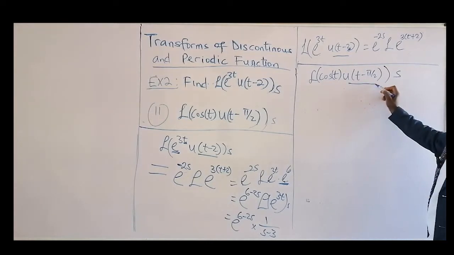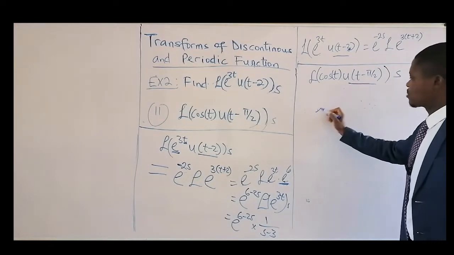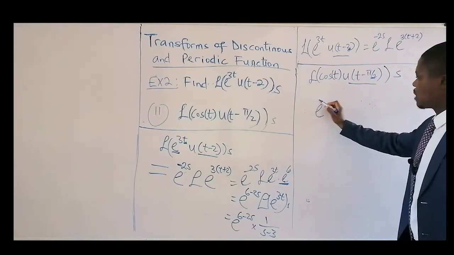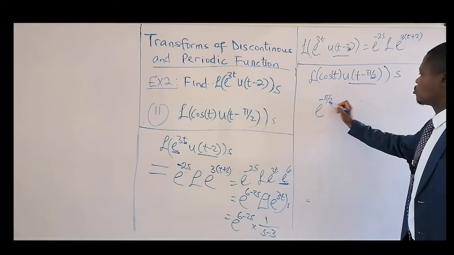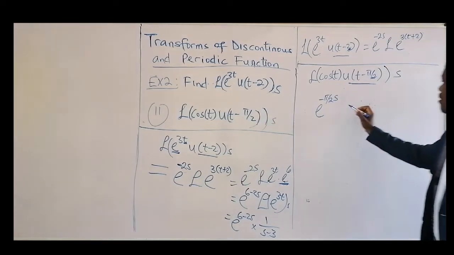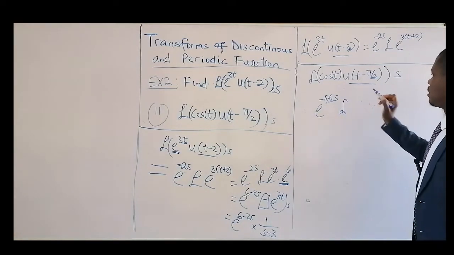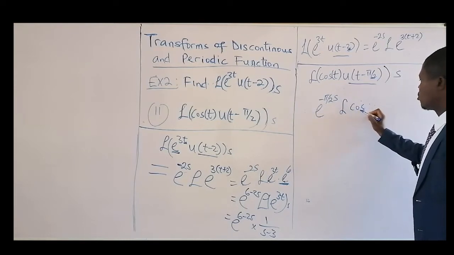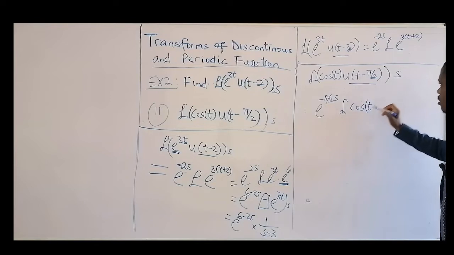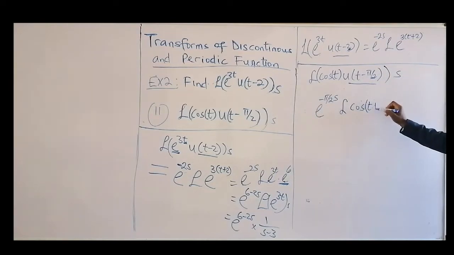We start with the unit step function, and that will be the exponential e to the minus pi over 2 s. After that, the Laplace of the next function, cos, and look for the t there: t plus pi over 2.